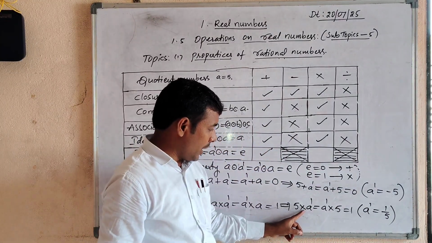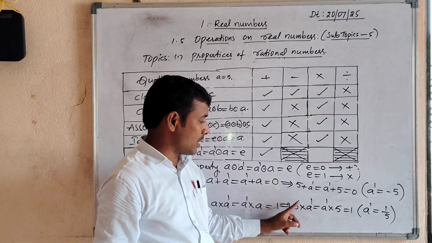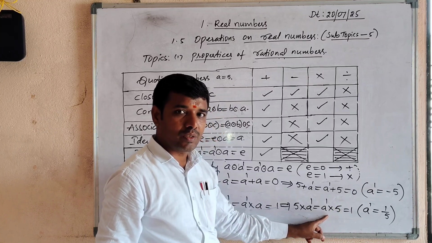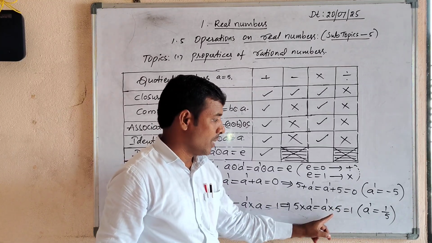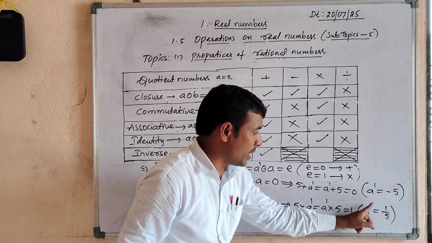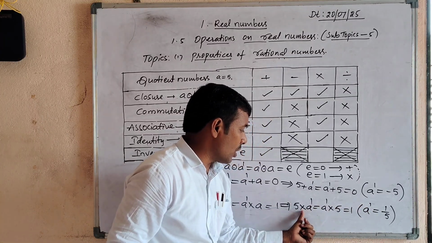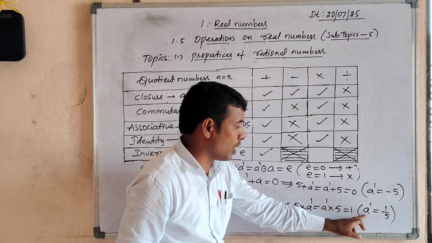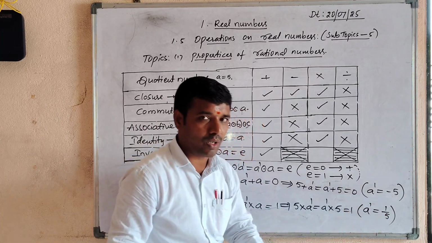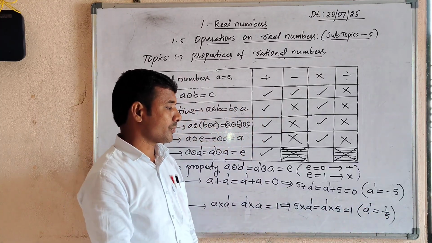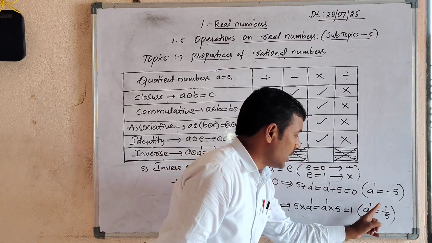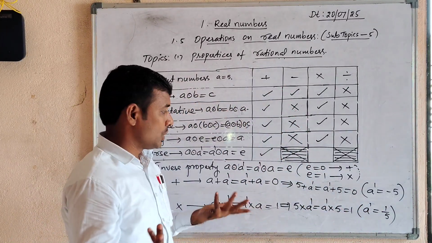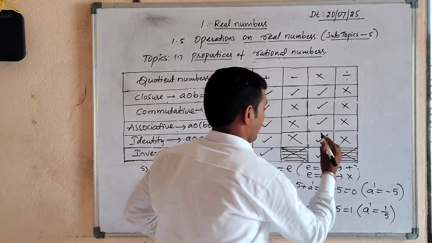Substitute there: 5 into 1 by 5, the 5 cancels, answer is 1. 1 by 5 into 5, the 5 cancels, answer is 1. So while substituting A complement equal to 1 by 5, we satisfied this equation. So A complement is 100% 1 by 5 only. There is no doubt. And 1 by 5 is rational, 100% rational. So it is the right symbol.